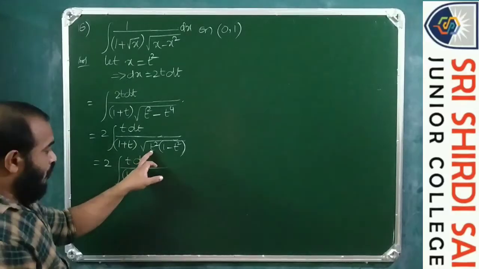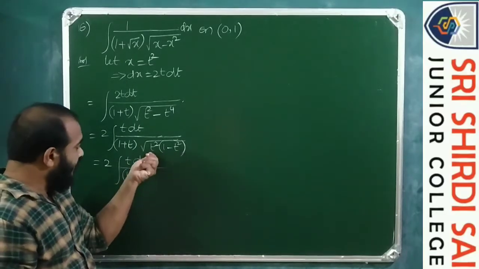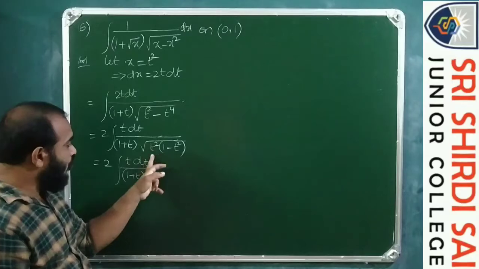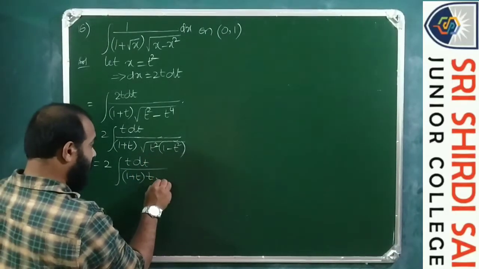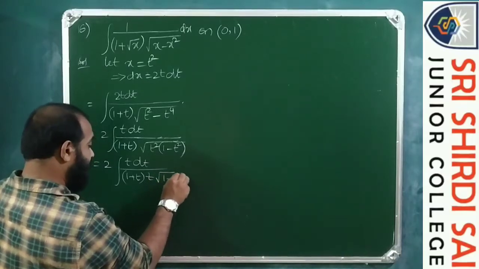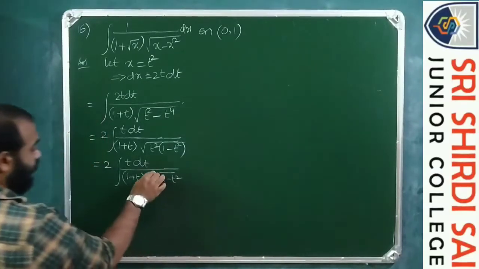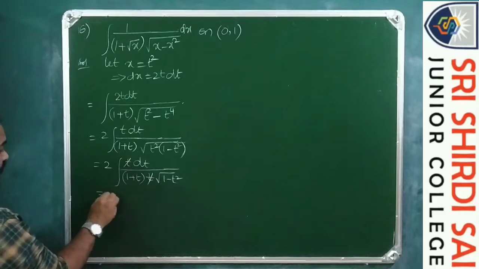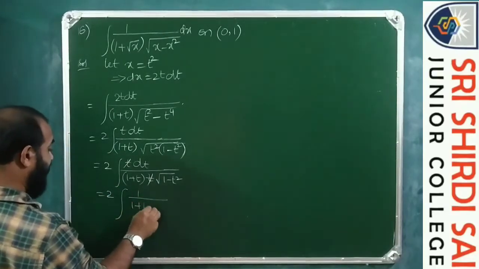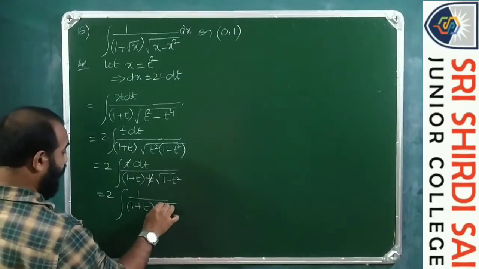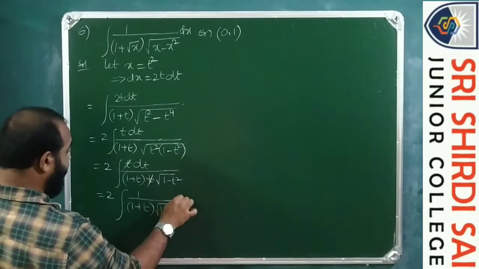so this is root of a into b, root a into root b. So the root of t square, the square root gets cancelled, so t into root of 1 minus t square. So this t gets cancelled. This is equals to 2 integral 1 by (1 plus t) into root of 1 minus t square dt.